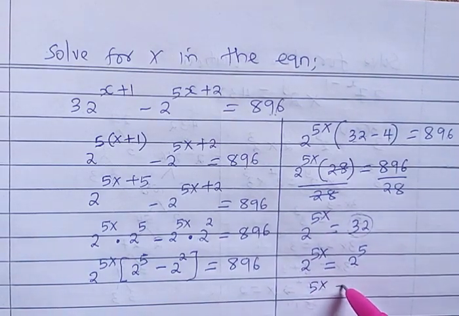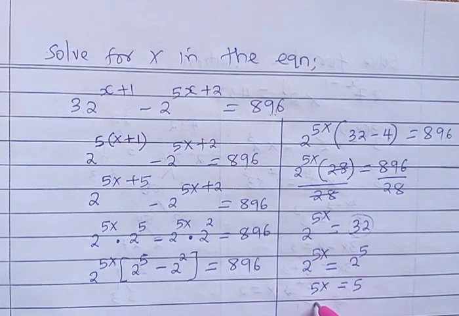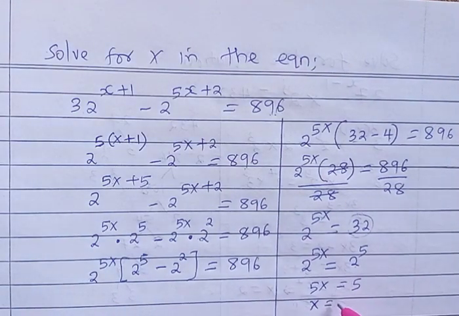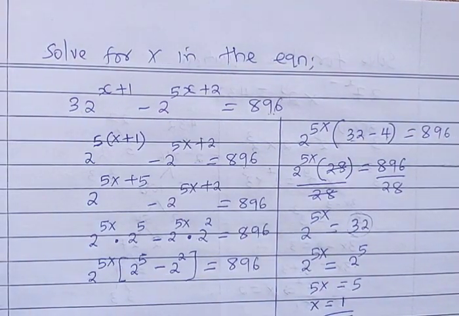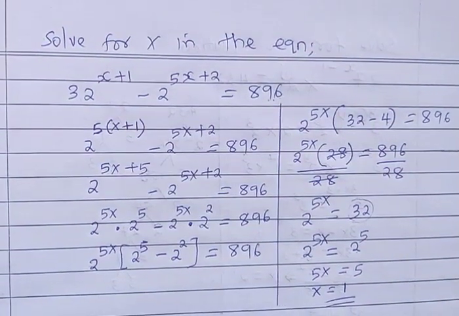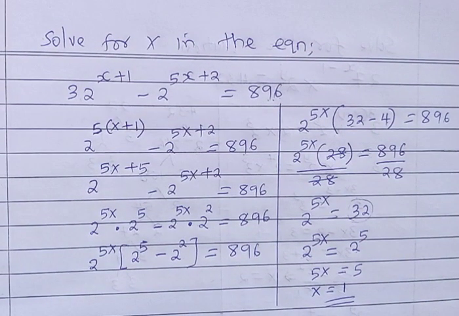Therefore, 5x equals to 5, and if I divide by 5 on both sides, then x will be 1. That is how we can obtain the value of x in the equation.